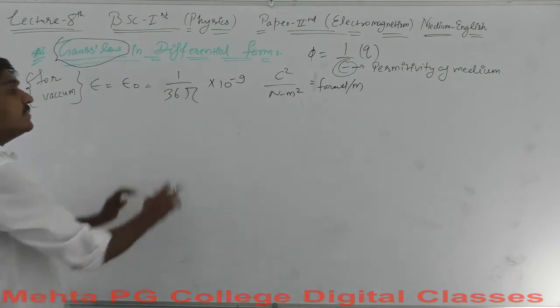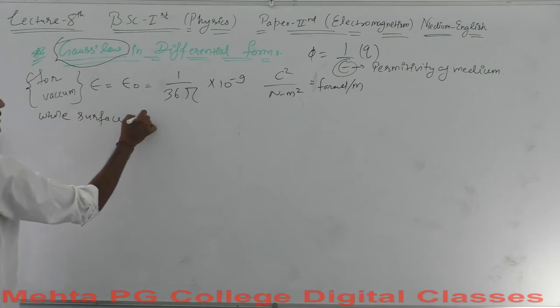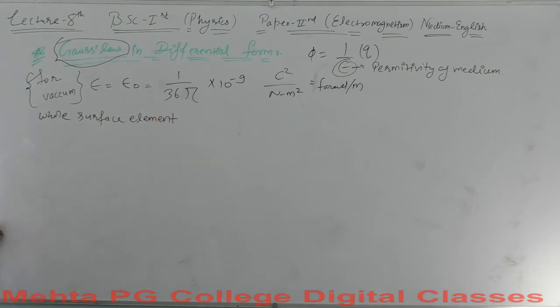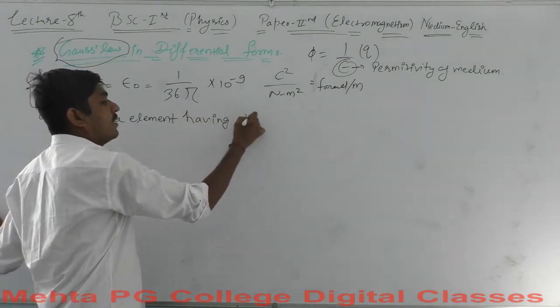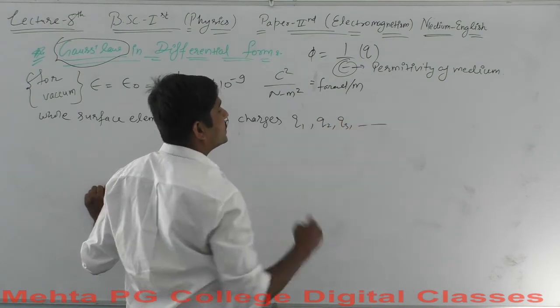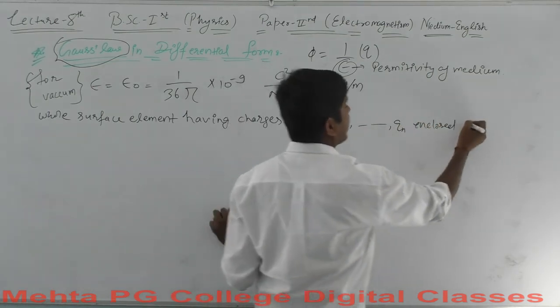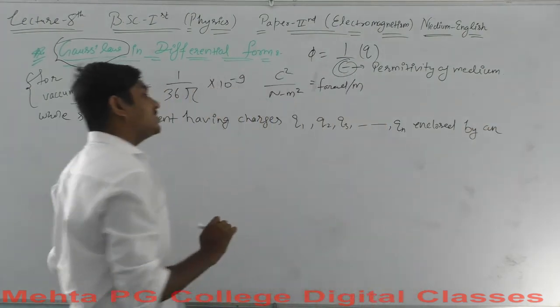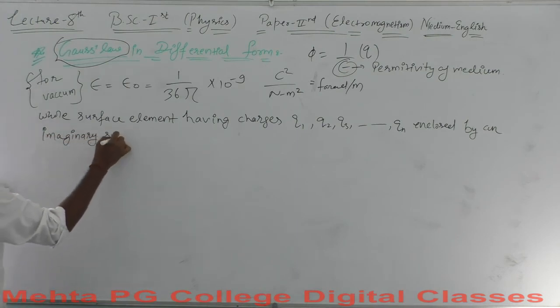Say there is a whole surface element having charges q1, q2, q3 and so on up to qn, enclosed by an imaginary surface.